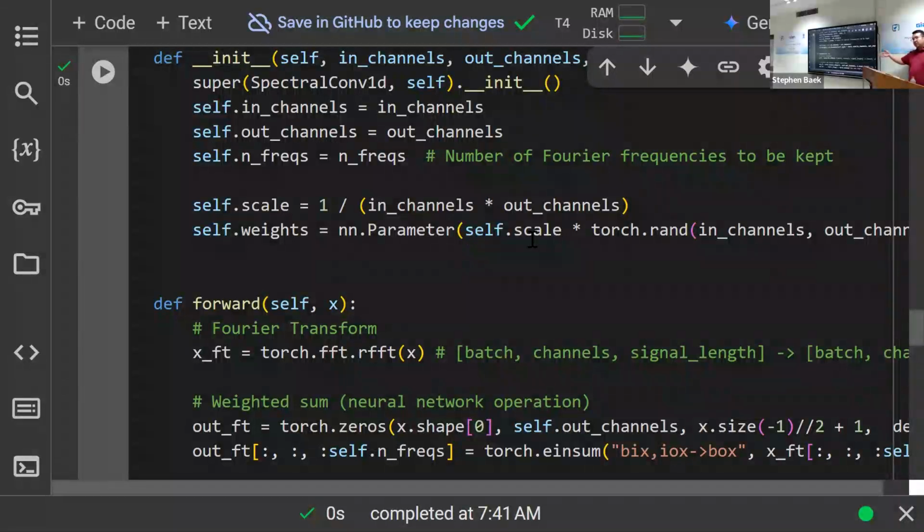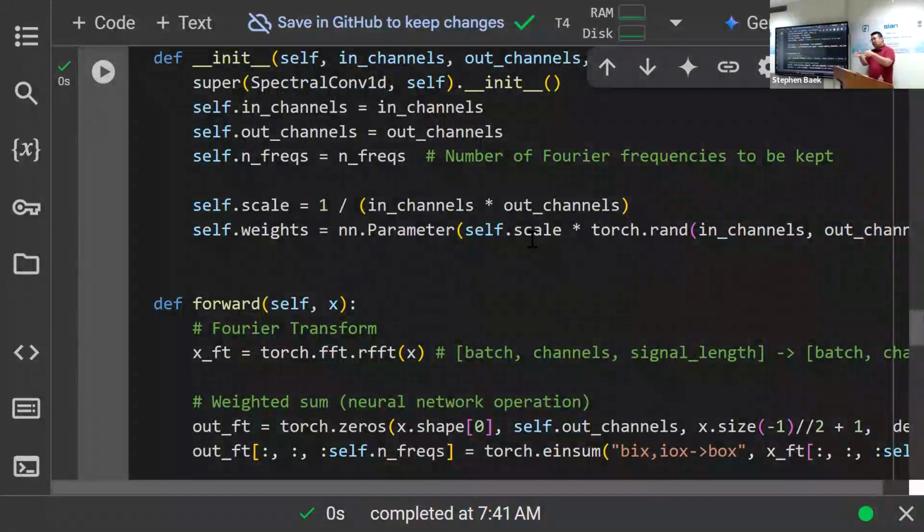Otherwise, as you go deeper into the layers, the signals will grow and the amplitude will go crazy. Or if the weights are too small, the variance will shrink and dwindle to 0. That's why we're scaling the random numbers by that factor.